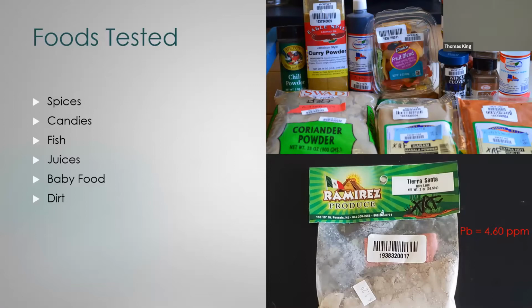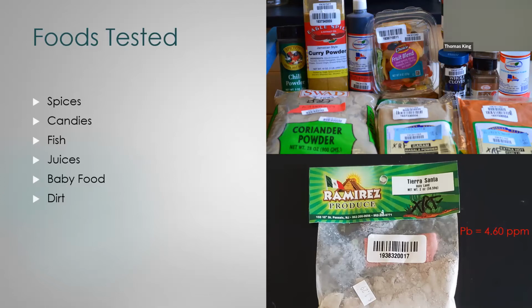We also test a lot of candies, such as lollipops, gums, gummies, and dried fruit, and many of the candies are from Mexico because we find a lot of lead in those candies. We also test fish that have high concentrations of mercury, such as swordfish, shark, and tuna.